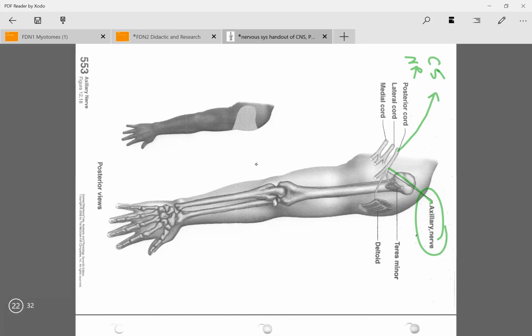Okay, now when we talk about these things, we're going to talk about sensory and motor. Okay. Sensory, the way we test for it is going to be, actually, let me do it this way.